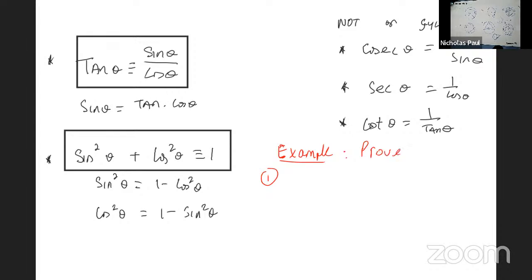All right, let's see if we can prove this now. Let's see if we could prove 1 plus tan squared theta times 1 minus sine squared theta is equal to 1.